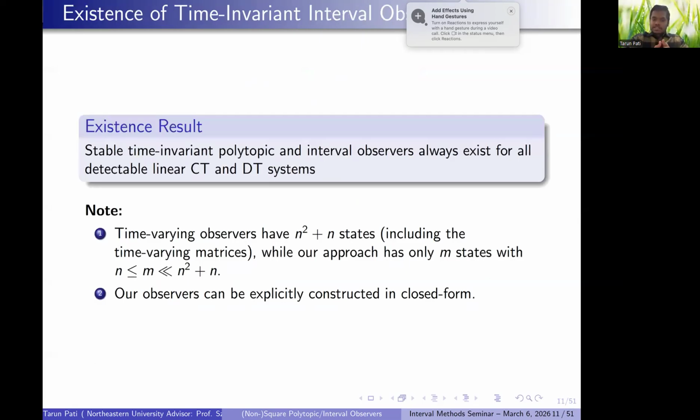Some existing results state that stable time-invariant polytopic and interval observers always exist for detectable linear CT and DT systems. This we prove by providing an algorithm to compute P and Q for detectable systems. For more details on this algorithm, you can refer to our paper that we presented at CDC.